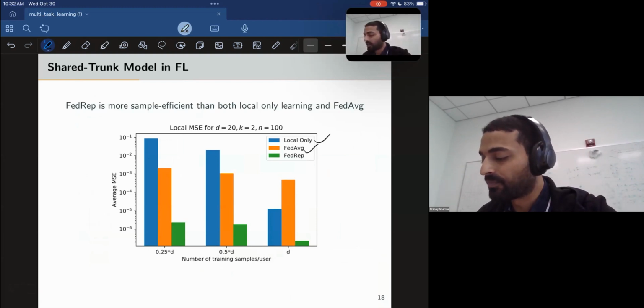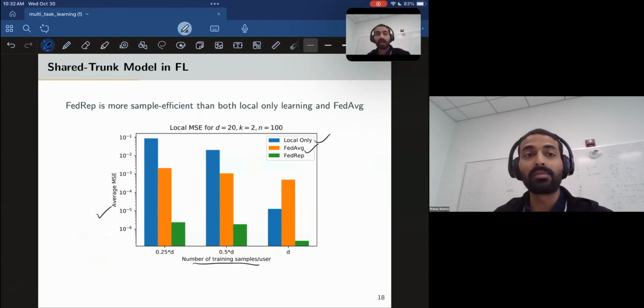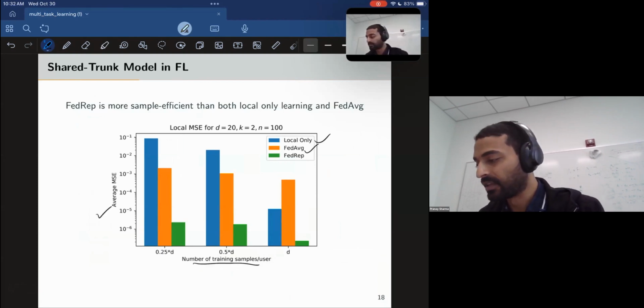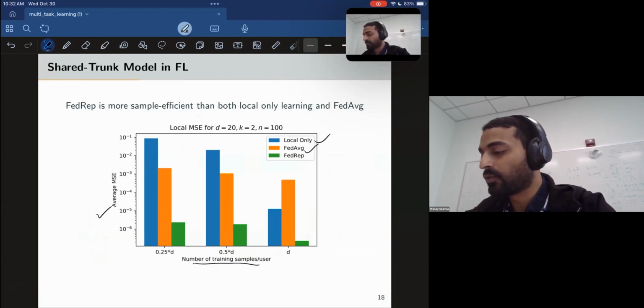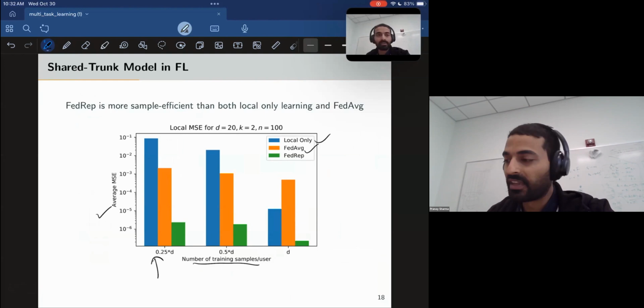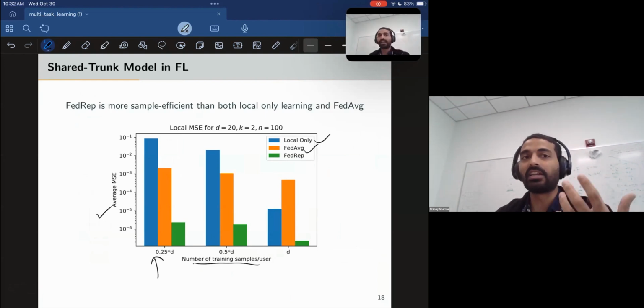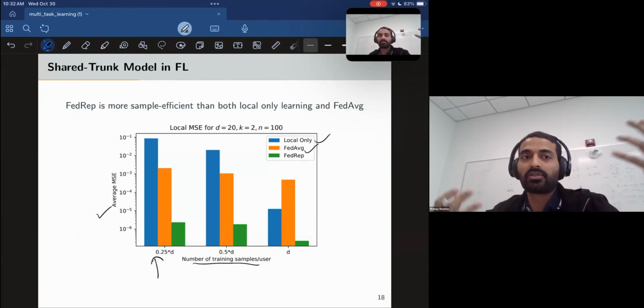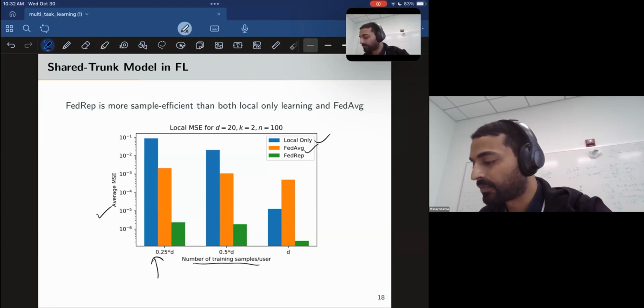In local only, so here we are plotting the error versus the number of samples each user has, right? Now it turns out that if you do local only learning and every client only has a few samples, then you are not getting any knowledge transfer from anyone else because you are not talking to each other, right?